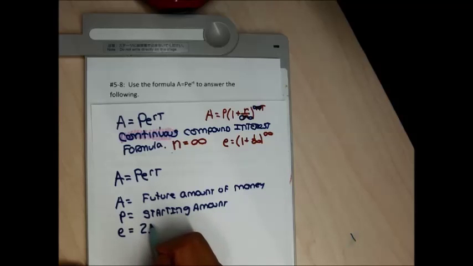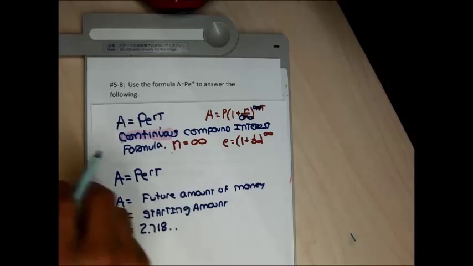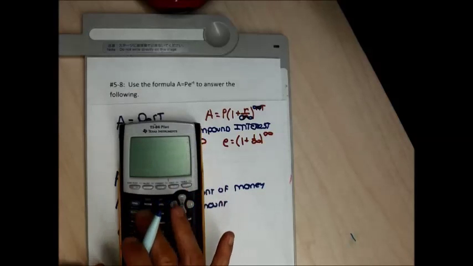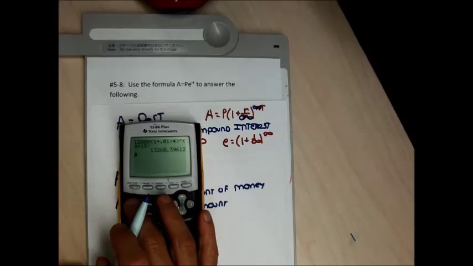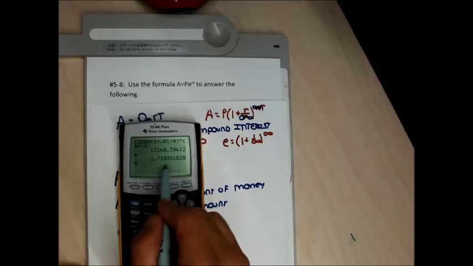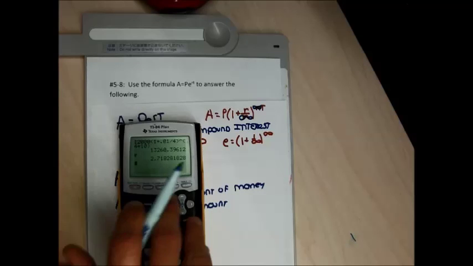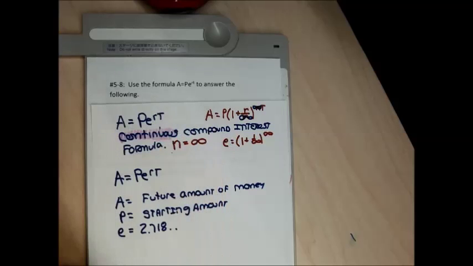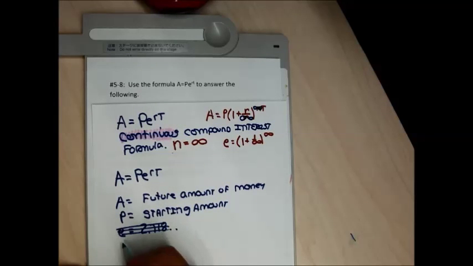It's not an unknown. e is 2.718 and it's a decimal, it's a number, so it's not an unknown. We'll never plug something in for e. In fact, if I do second and divide on my calculator it will give me that many decimals for e. e has way more decimals than that, and there's no pattern to e. It looks like there's a pattern here, but there isn't a pattern to e in general if you give it more decimals. So e is not going to be an unknown. I'm not going to ever put anything in for e.